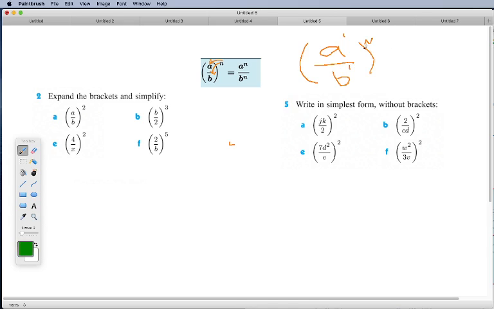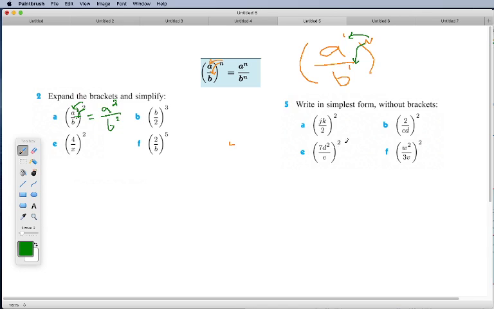So if I'm going to FOIL this in, it's going to be n times 1, or whatever power is on a, and n times 1, or whatever power is on b. So they don't necessarily have to be the hidden 1. Okay, so in this case, it's very simple. You bring the 2 times the hidden 1, and you bring the 2 in again times the hidden 1. So you end up getting a squared over b squared.